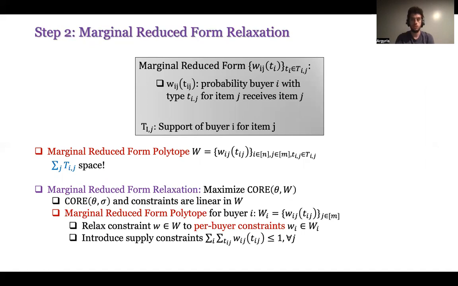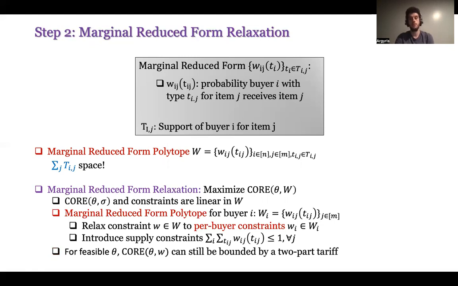Instead, we require the marginal reduced form constraints to be satisfied per buyer, and we introduce a supply constraint so that no item is over-allocated by the relaxation. Under this relaxation, we can ensure that the maximum value of core in the relaxed program can still be bounded by a two-part tariff.